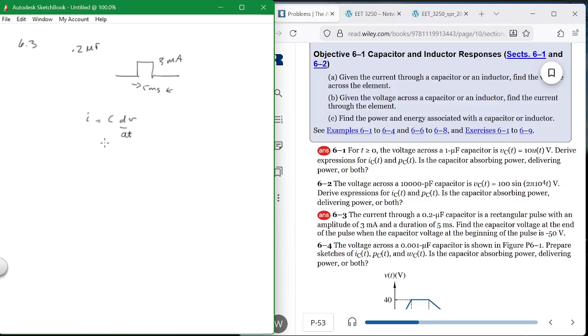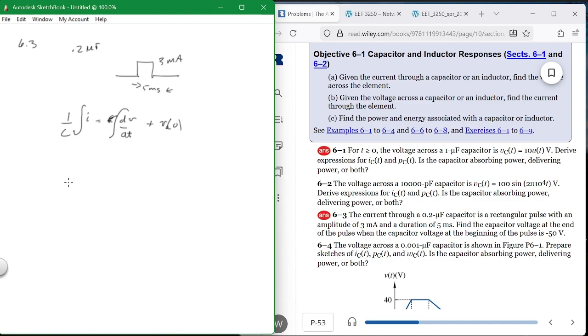The integral of I divided by C. Yep, you take the integral of this, 1 over C, move the C over, and that's the integral of that. So that would be that, plus V of 0, okay? So what would be the integral of that signal right there?